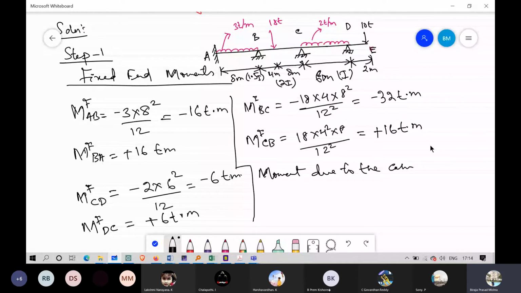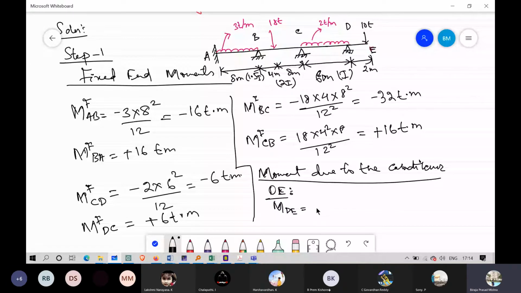So the moment due to the cantilever DE. Okay, the moment due to the cantilever DE will be, let's call it MDE. This is not a fixed end moment; it is only the moment due to the cantilever.